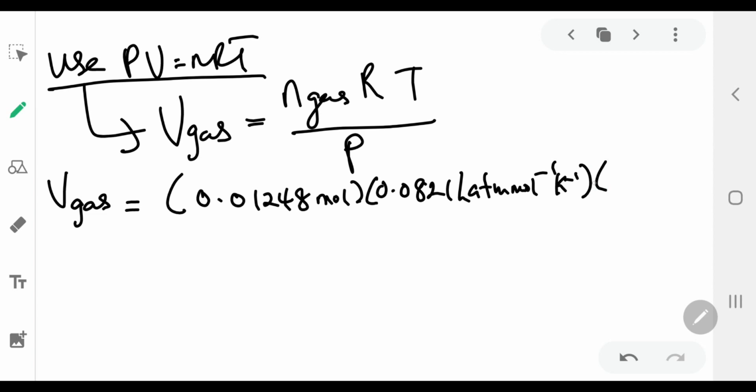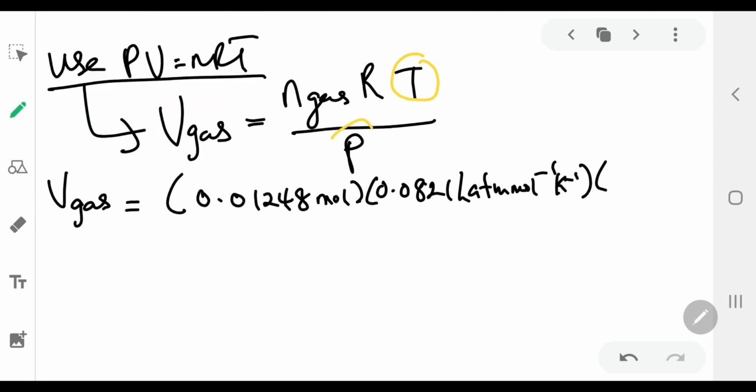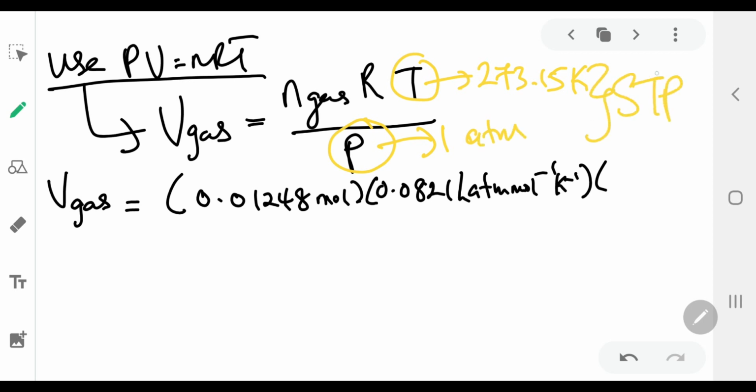And over here, remember the T and P: T is 273.15 Kelvin and P is 1 ATM, because it wants you to find at STP.